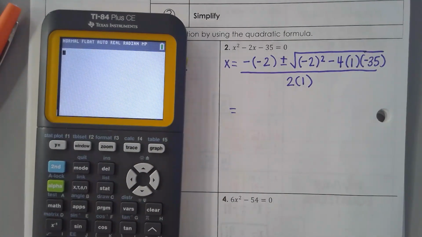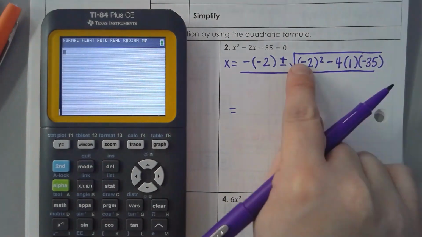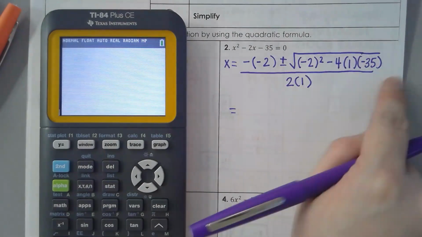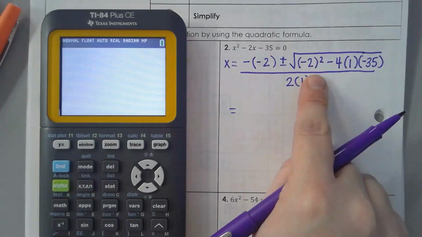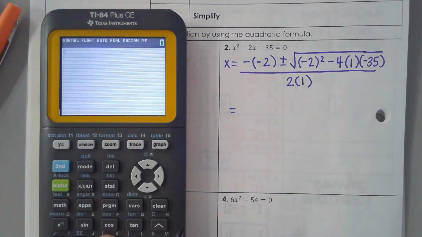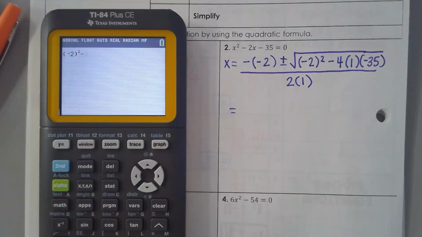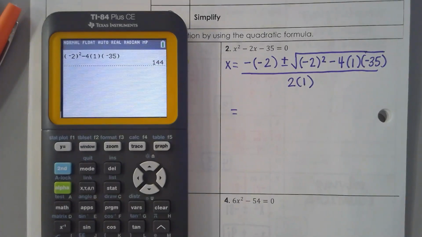When you type that in, type in the numbers under the square root to get your discriminant. Make sure that negative 2 is in parentheses. And you get 144.